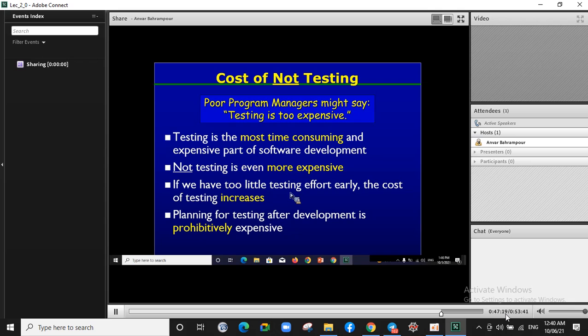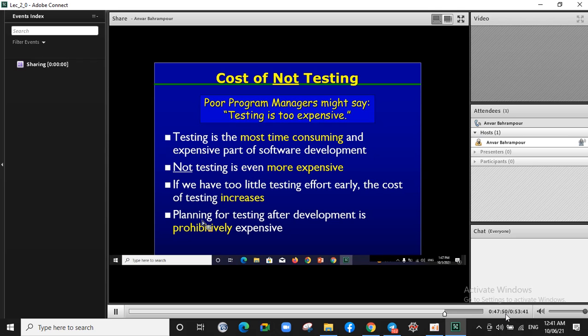If we have too little testing effort at early stages of software development, the cost of testing actually increases. We talk about this sentence in the next slide with some reports from a known institute at Carnegie Mellon University.